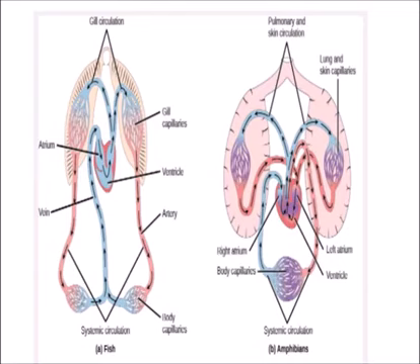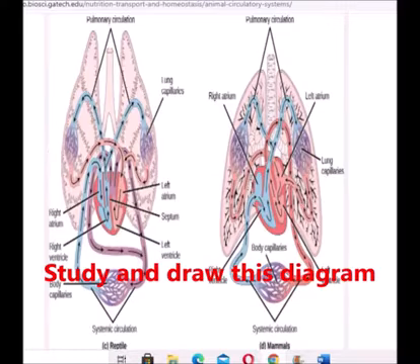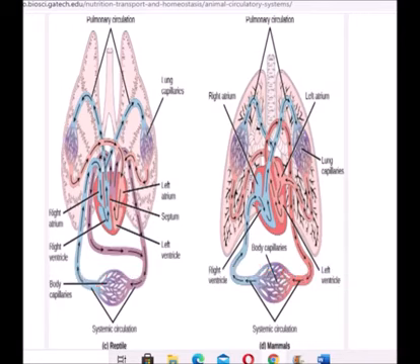So you can see the system in the fish, that is our A. The system in the amphibians is also shown, that is our B. The system in the reptiles is shown in C, and the system in mammals is shown in D. As we move from fish to amphibian, it becomes more complex. As we move from amphibians to the reptile, it becomes more complex. As we move from the reptiles to the mammals, it becomes more complex.